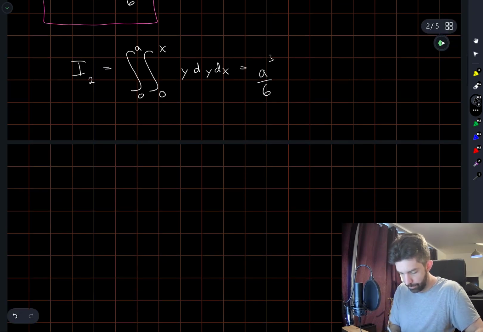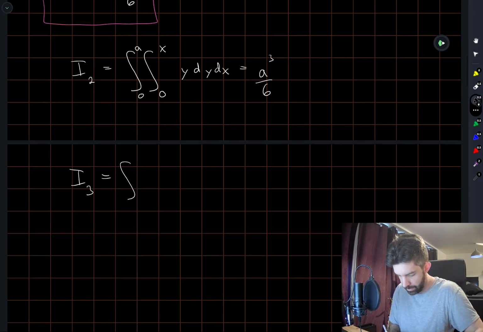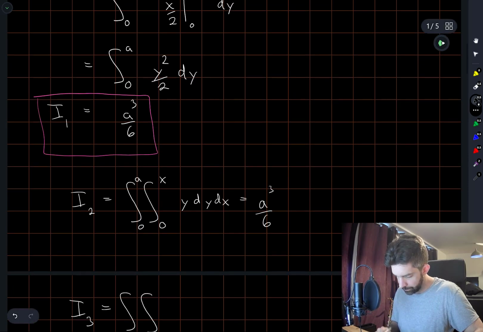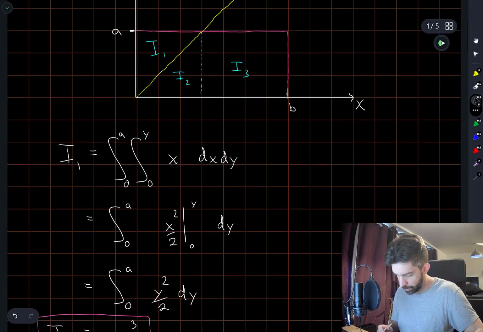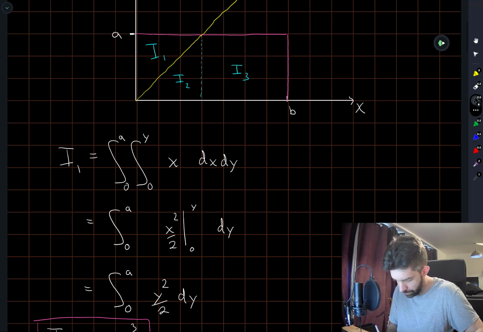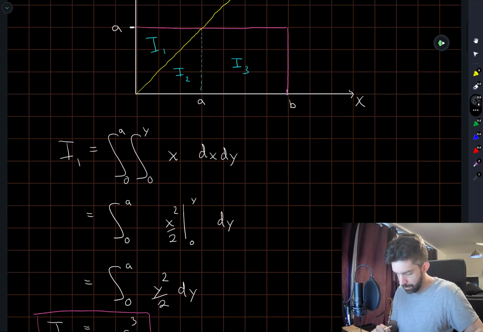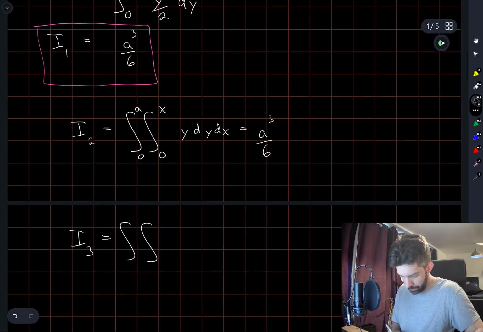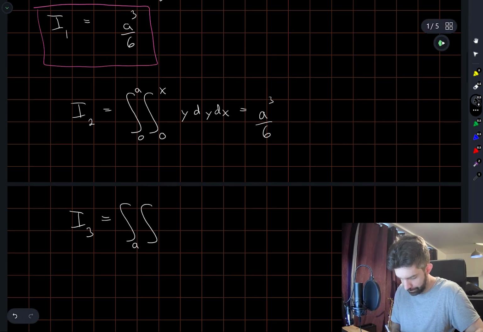But then I3 is a double integral of, so this value here is of course a. So x goes from a to b, y goes from 0 to a, dy dx, and we're integrating y.